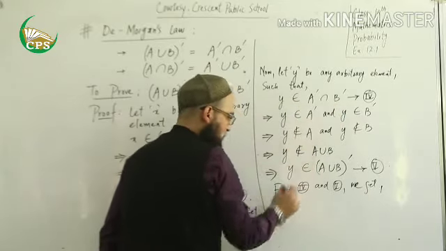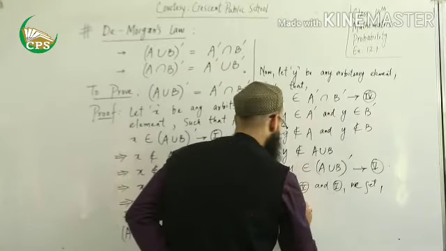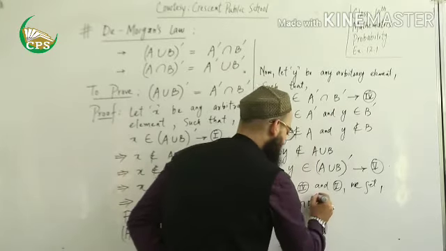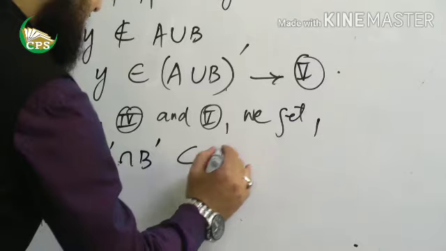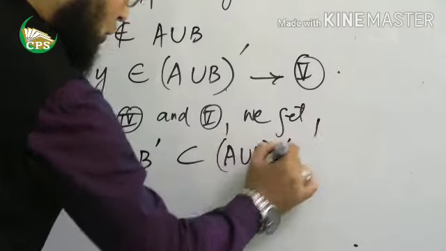Now after going through this, it also belongs to this, that means this is a subset of this. A complement intersection B complement is a subset of A union B whole complement.